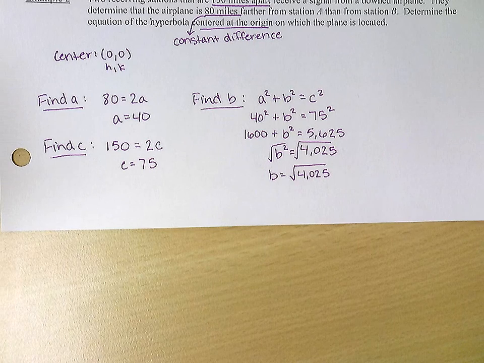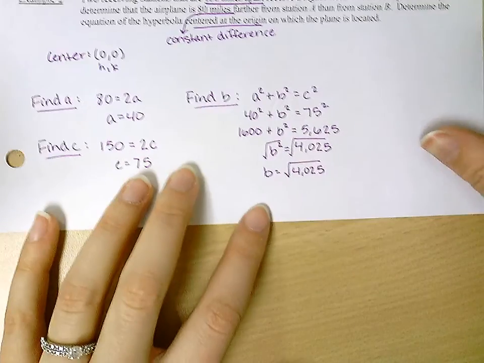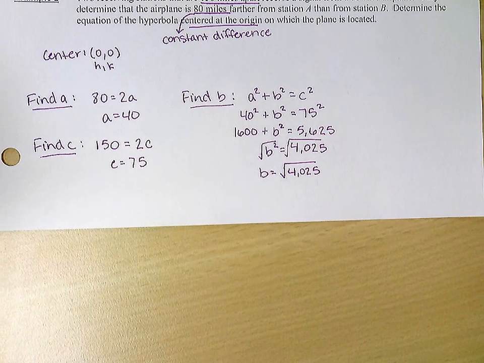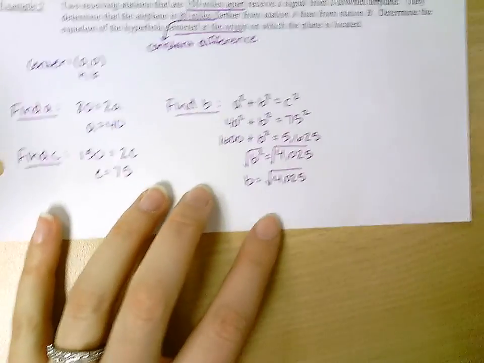Now, since this hyperbola is talking about the distance between these planes, we're just going to use our normal standard form, which is a horizontal hyperbola. So that means x is going to be over your a squared value.